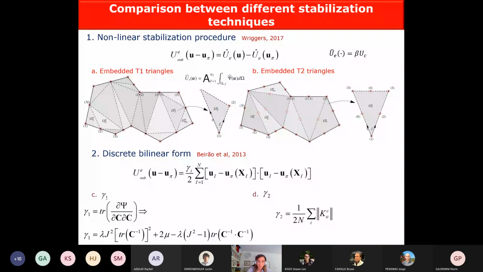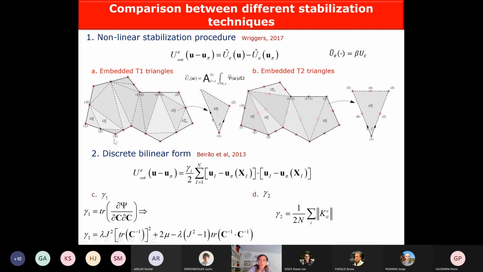So the idea is that to evaluate this contribution that depends on U, we can embed in the virtual element a mesh of triangles that share the nodes with the virtual element. And so the U hat can be evaluated by numerical integration over the triangles.